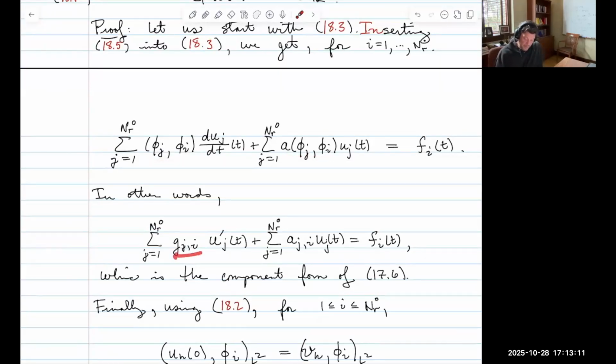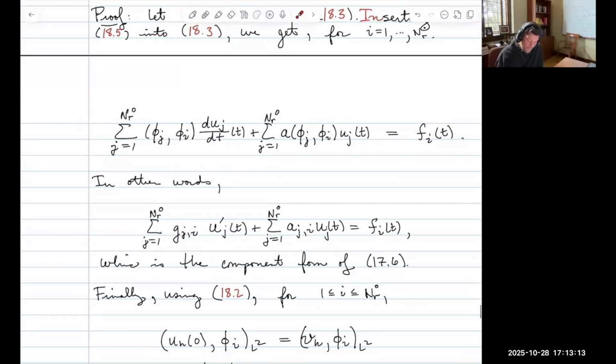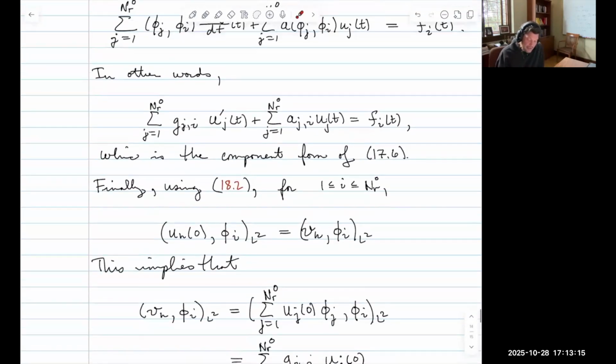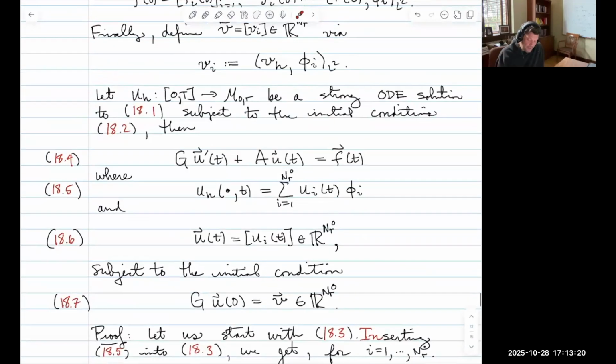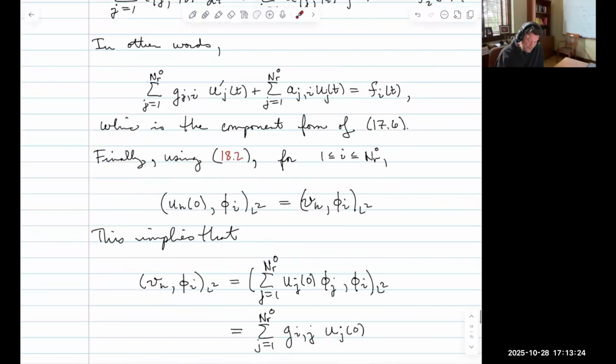So I can put those in there, here and here. Now, it's pretty clear that these are just the component forms of the thing that I want to show, just this right here. So picture that. That's just the component form of 18.4.